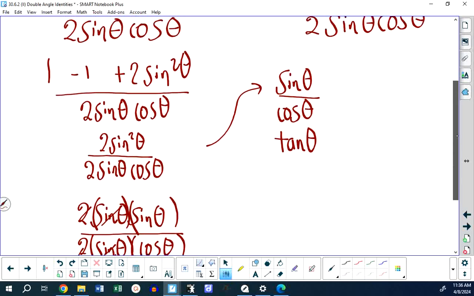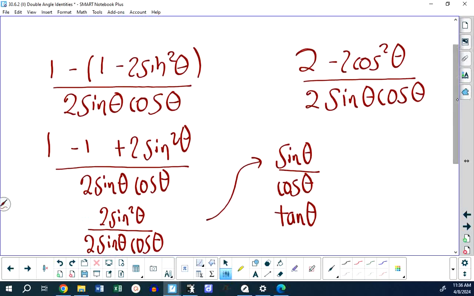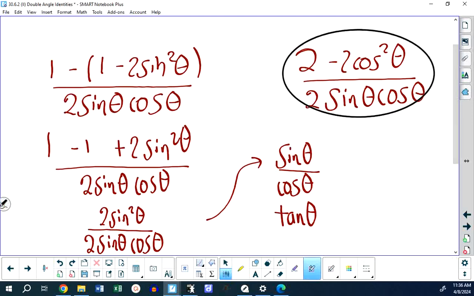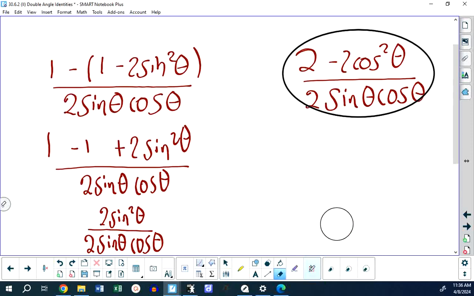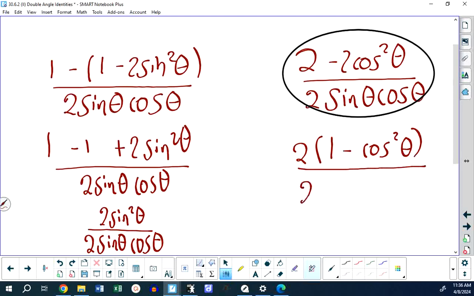I did mention that if you chose this path here, you can still get home with it. You can still solve this problem. You would factor a 2 out, because factoring is a strategy on that formula sheet I gave you. You can take a 2 out and be left with 1 minus cos squared theta. And you should recognize this as sine squared of theta from the Pythagorean identity.